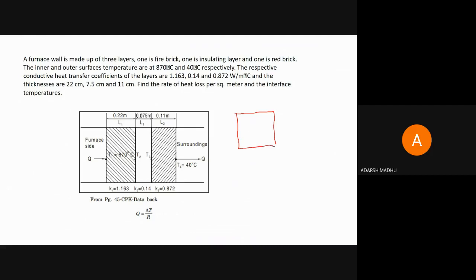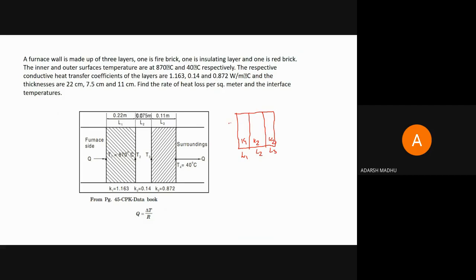Okay, this is the figure shown here. There are 3 layers. The thickness of the first is L1, second is L2, and third is L3. We can name them LA, LB, LC as in our textbook. So here L1, L2, L3 are the thicknesses of the wall, and K1, K2, K3 are the thermal conductivities of the wall.